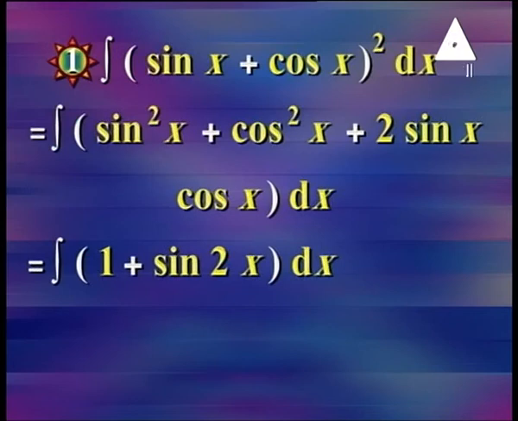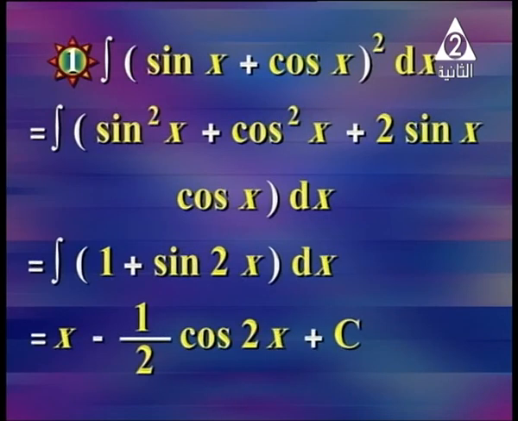Why? Because sin double angle equals 2 sin x cosine x. What is the integration of 1? It is x. What is the integration of sin 2x? Negative cosine 2x divided by the coefficient of x, which is 2. The integration becomes x minus 1 over 2 cosine 2x plus c.